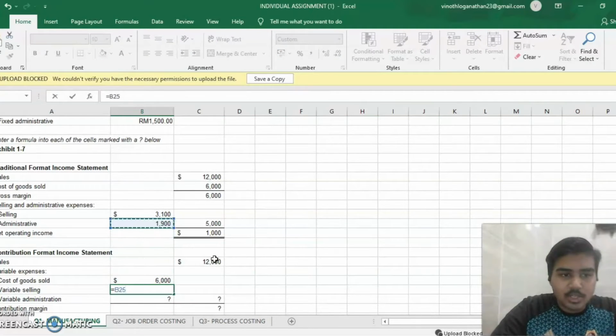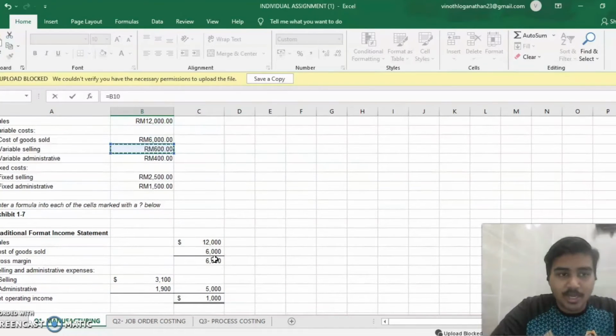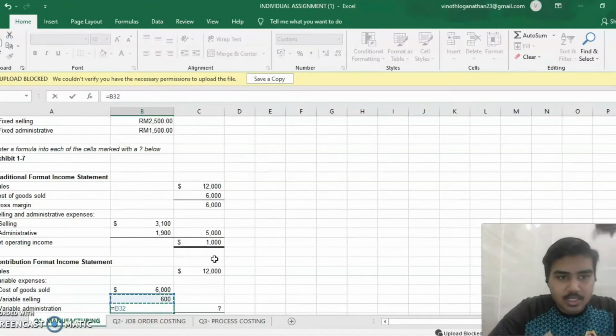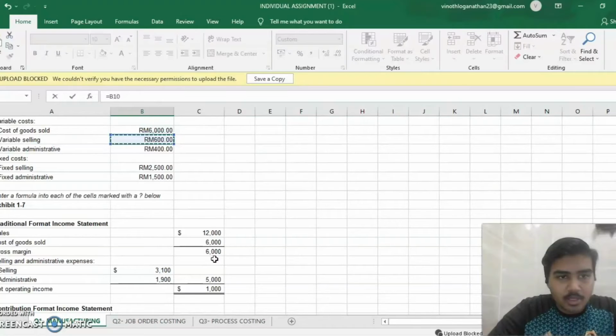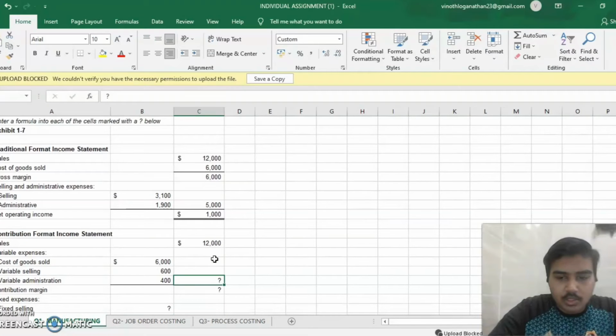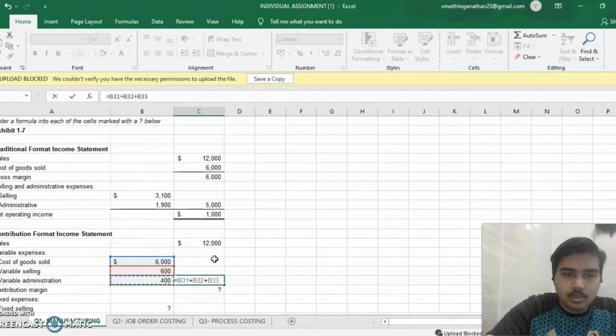Basically, with traditional, you just break it into variable and fixed, but traditional is to combine. So this is variable selling, and this is variable administrative, which then you add all this together, this plus this plus this.